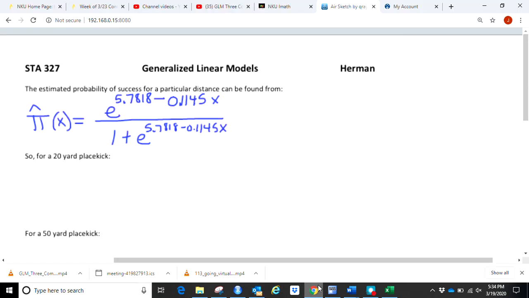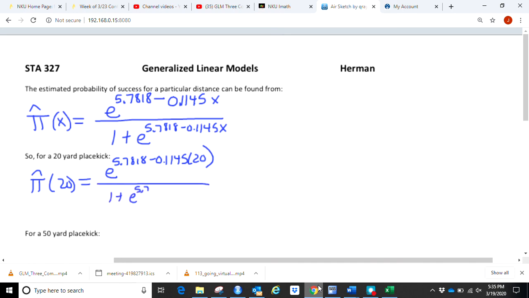So if I want to find for a 20-yard place kick, what is my probability of success? Well, I can just plug in 20 for x. So we would take e to the 5.7818 minus 0.1145 times 20 over 1 plus e to the same value.